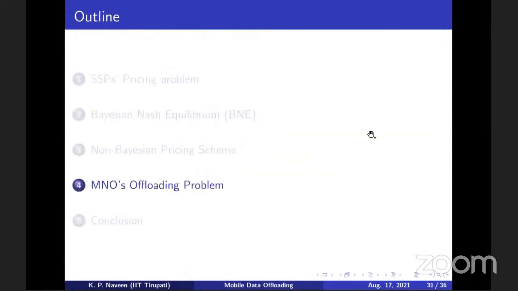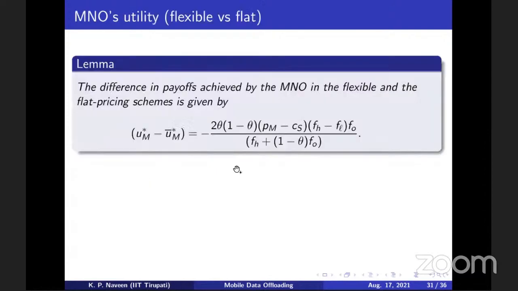Okay. Yeah, I think I'm up with the time, so maybe I'll just quickly summarize. Maybe in a couple of minutes, I'll just spend on this MNO's offloading problem. We saw that the SSP benefits because of the flexible pricing scheme.